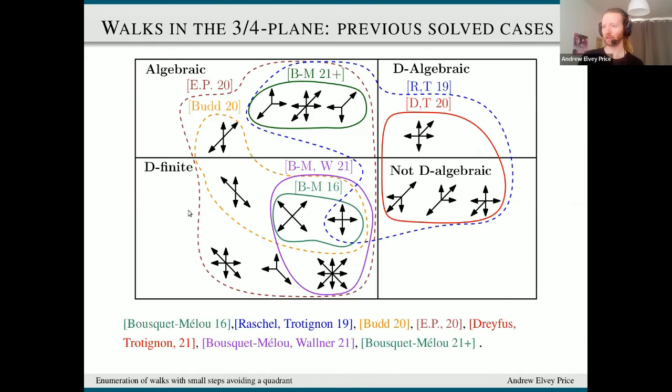Previously there were solutions for this problem for 14 different step sets of varying levels of specificity. These were proven in 7 different papers, and for each of these articles, I've drawn which step sets the article applies to.